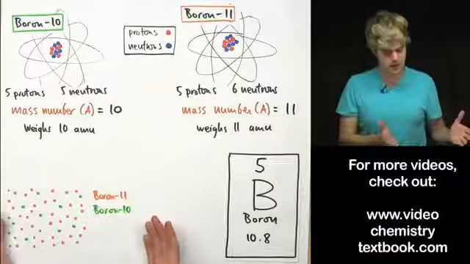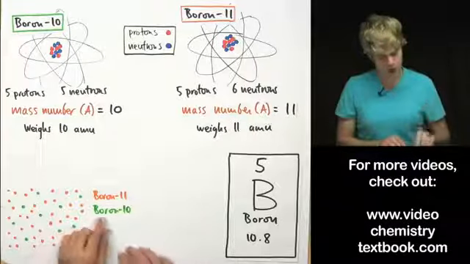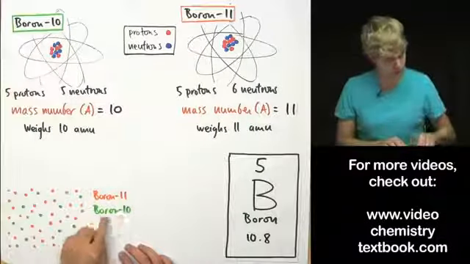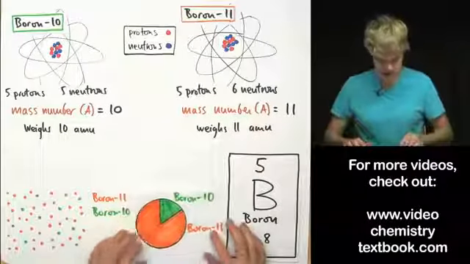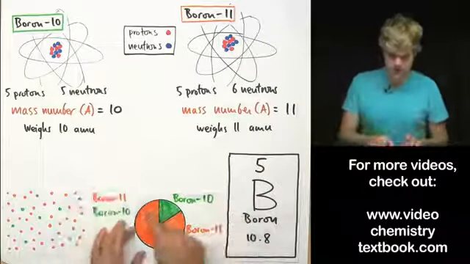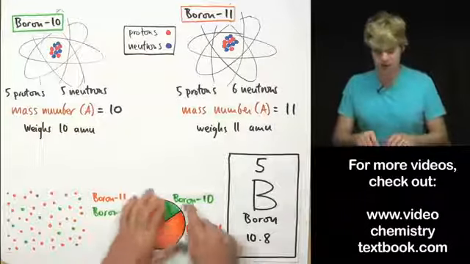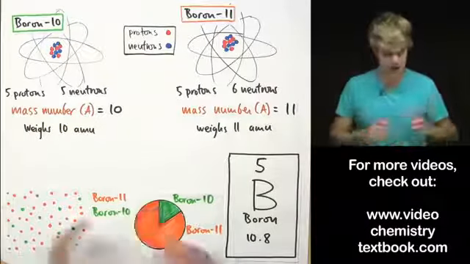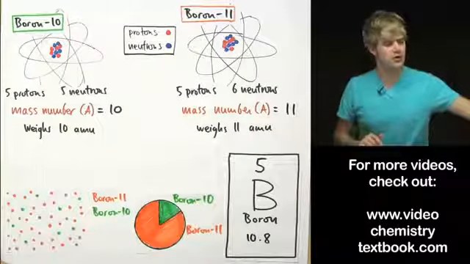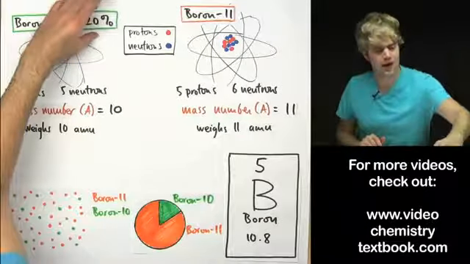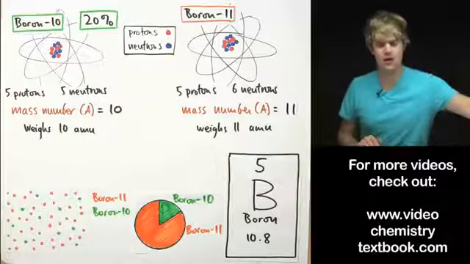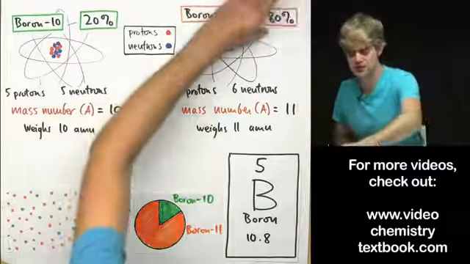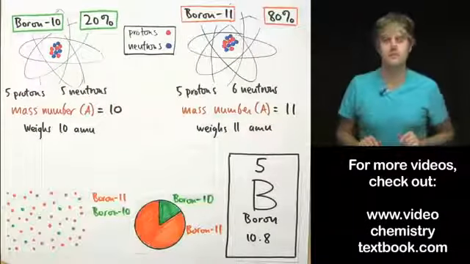Most of them are boron-11, and only a small minority of them are boron-10 atoms. We can look at this on a pie chart just to get this point home, and you can see that the vast majority are boron-11, with a smaller amount that's boron-10. If you crank through the math here, you'll find out that about 20% of the boron atoms in the world are boron-10, whereas 80% of them are boron-11.